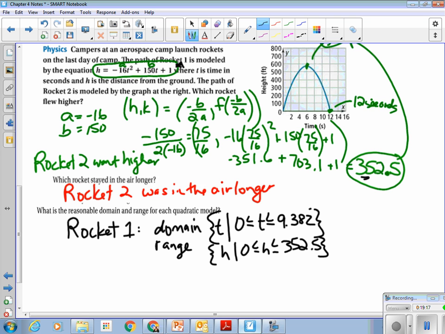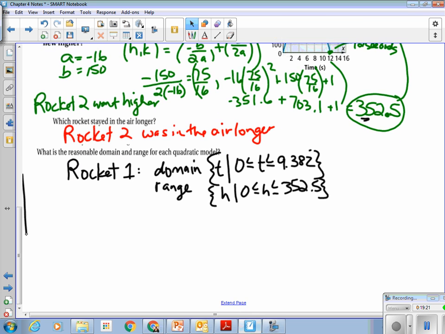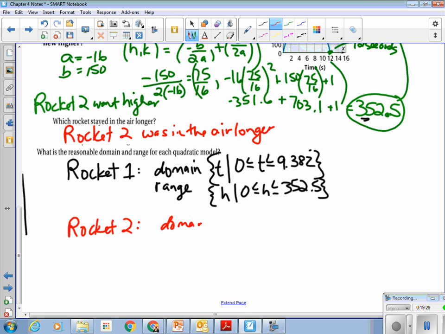And then rocket 2 is our picture. So we look at rocket 2. For rocket 2, he's a winner of everything. Must be hard to be such a winner. So the domain for rocket 2 is all the T values from 0 to 12.